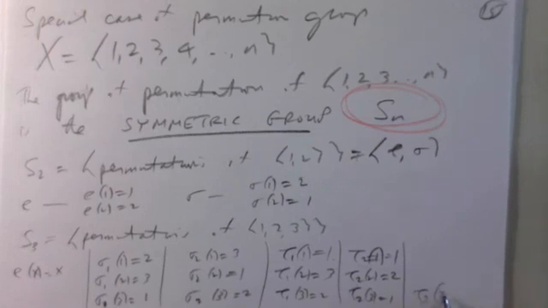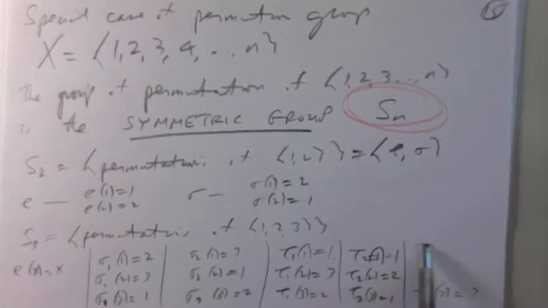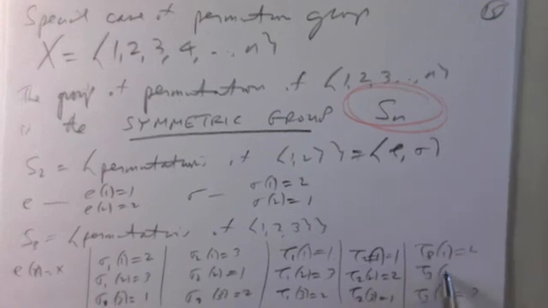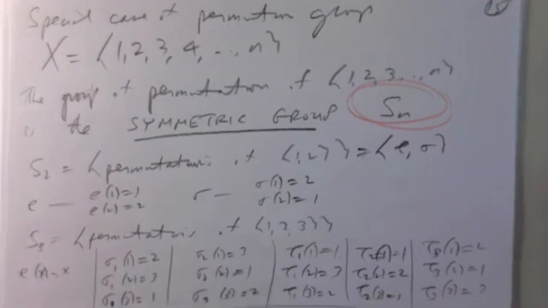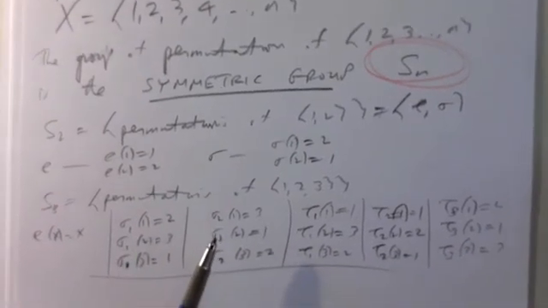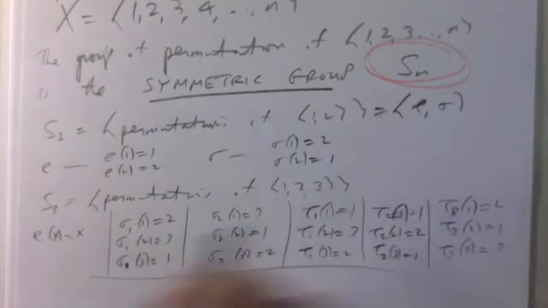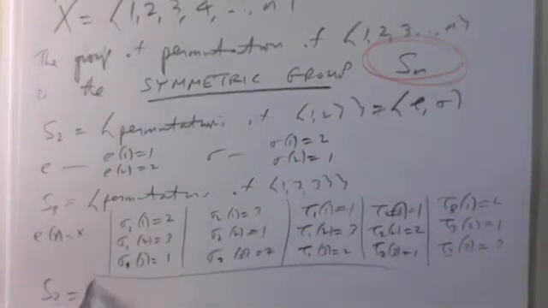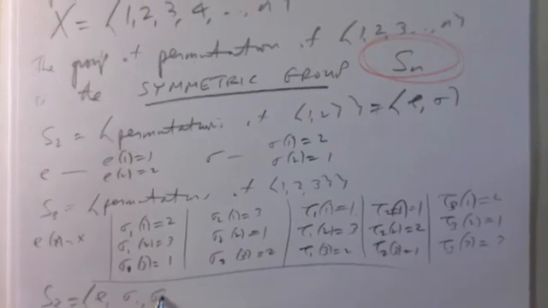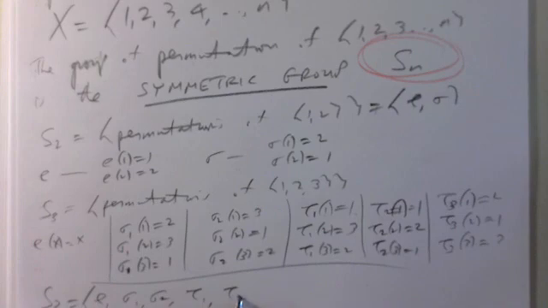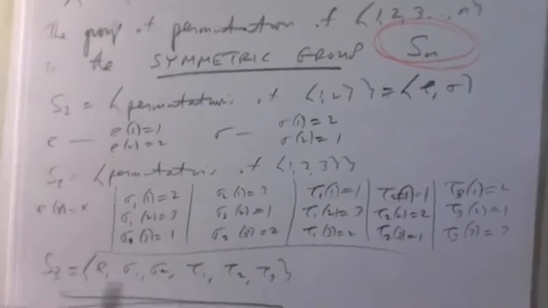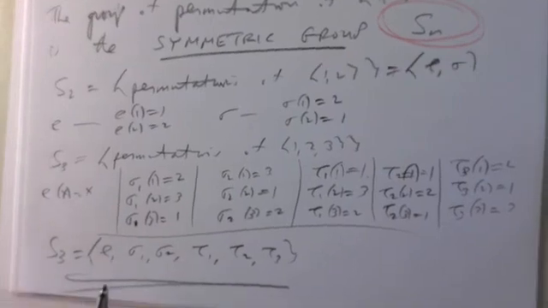And tau 3 would be the permutation that fixes 3 and interchanges 1 and 2. And if you work it through carefully, you'll see this is all there are. So S3 contains exactly 6 permutations, the identity, sigma 1, sigma 2, tau 1, tau 2, tau 3. So this is a very nice group.